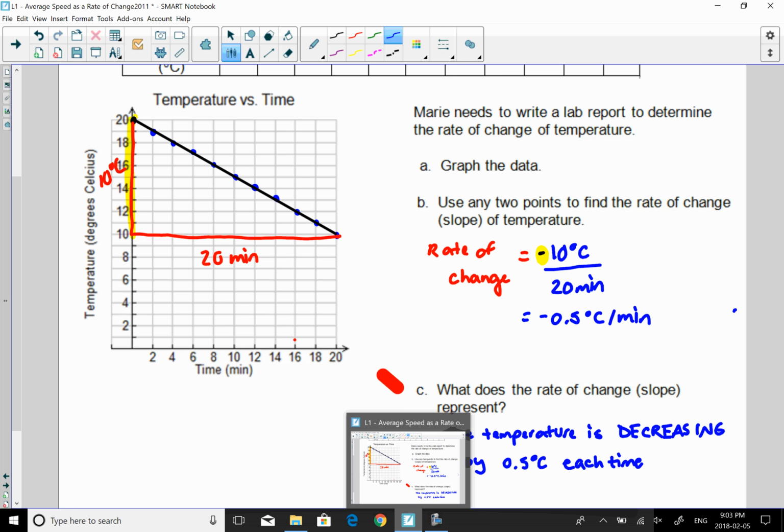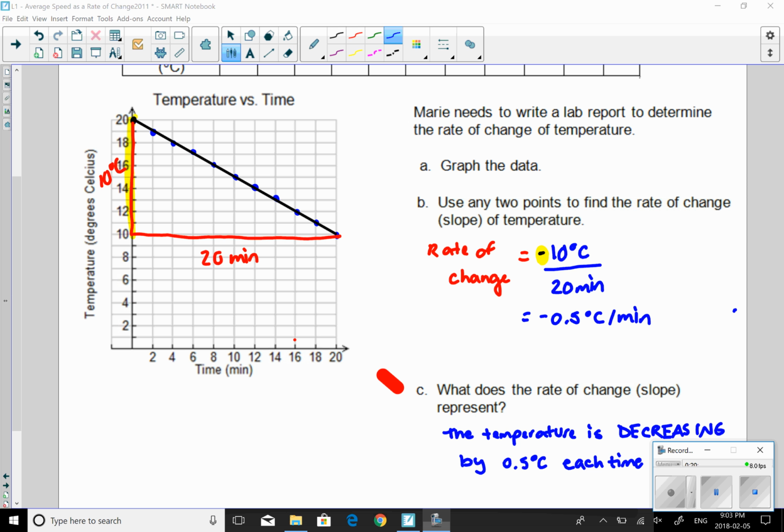And there you have an introduction to average speed in relation to slope and rate of change.